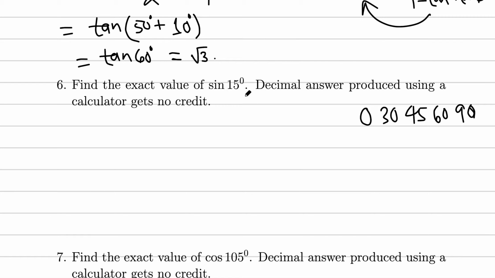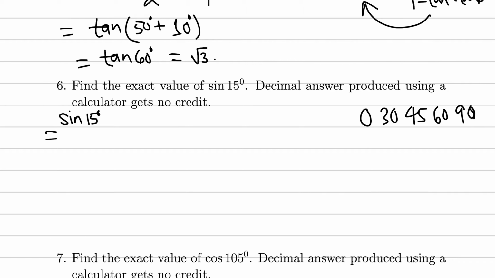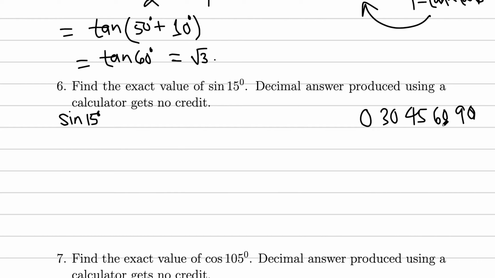This 15 may be a sum or difference of two standard angles, then we are good because we know the values of the others. Look here, sine 15 is what? 45 minus 30, or 60 minus 45, same thing. So we can write sine of 45 minus 30.